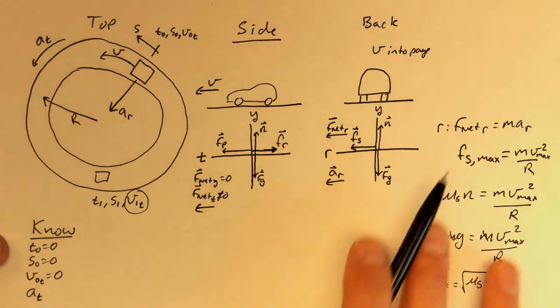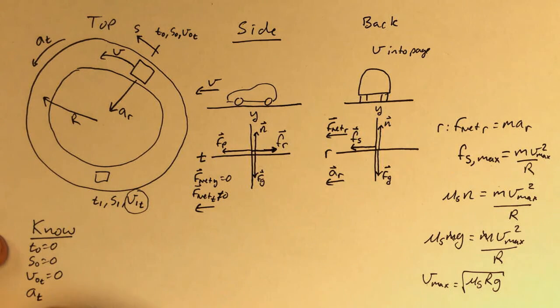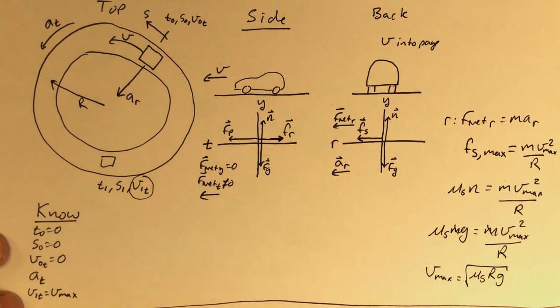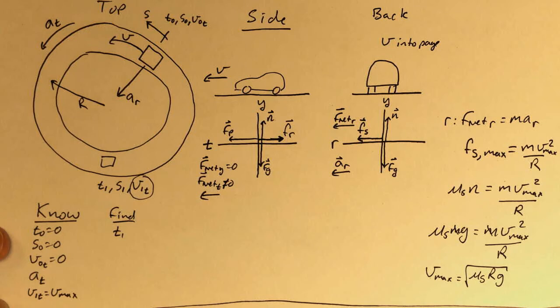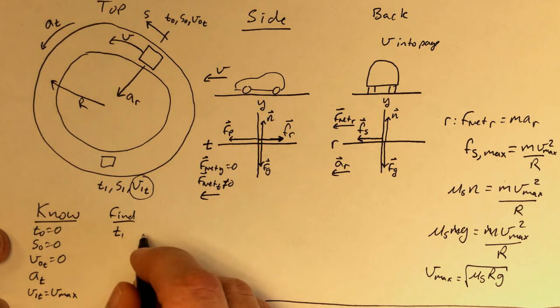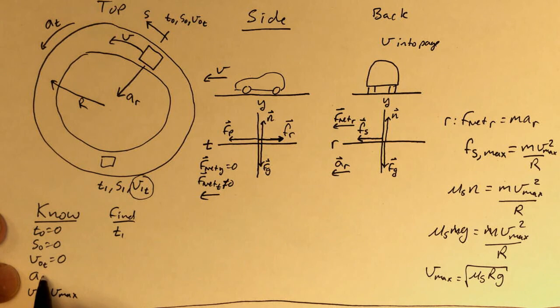Having established this, I can find Vmax. So I'm just going to write v1t equals Vmax. I know that. Sorry about that. I know that v1t equals Vmax, so I can use that. And finally, I just need to find my t1. How long before it flies off the track? With that, I know my acceleration, I know both my initial and my final time, and my final velocity, and I'm looking for my time.